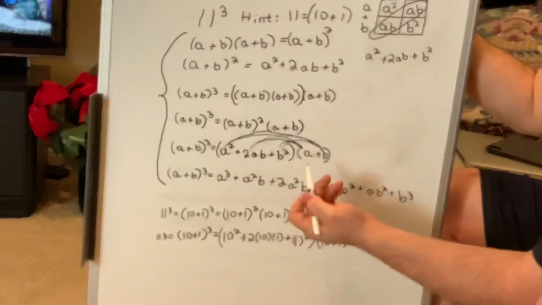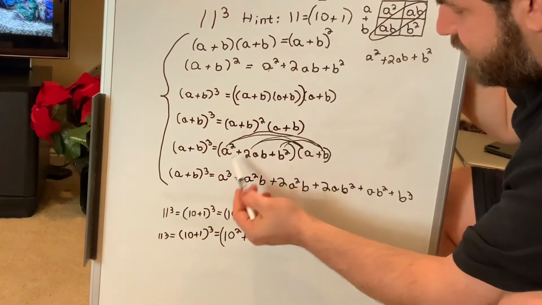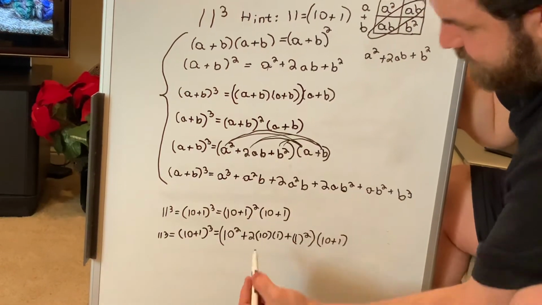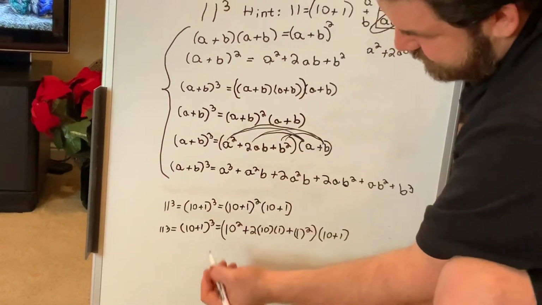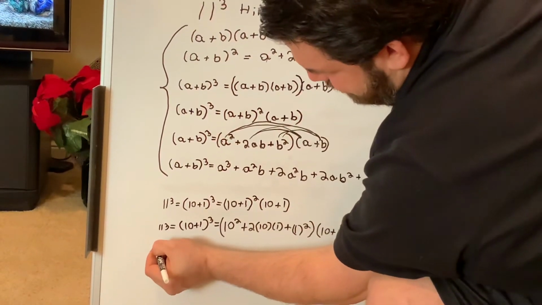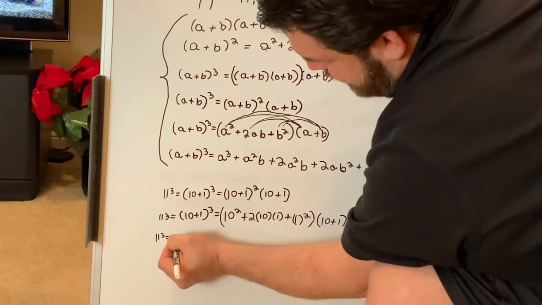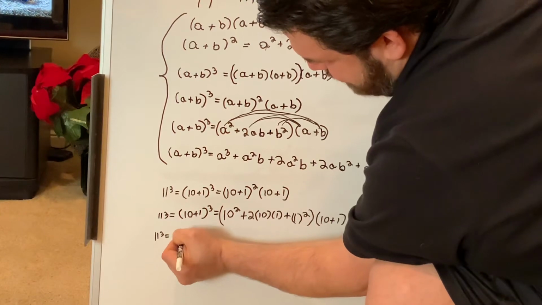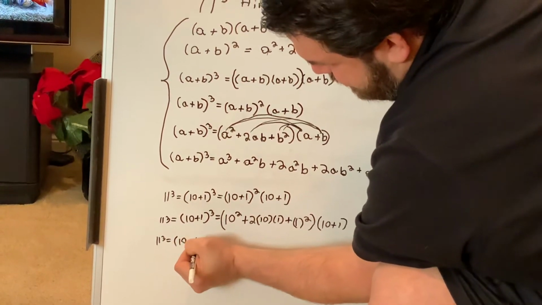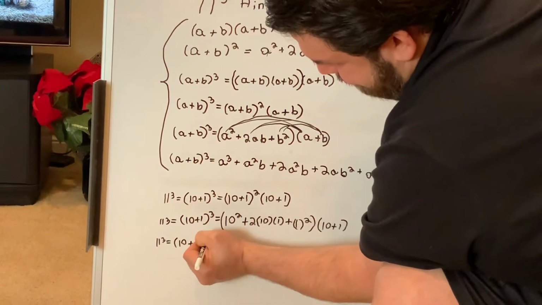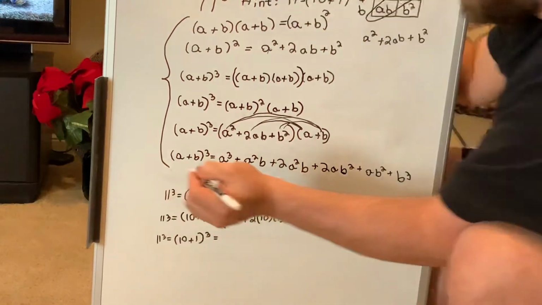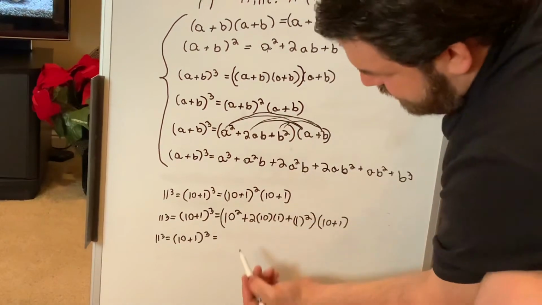Well, now we're here where we're going to do this distributive property thing. So let's do it. We're still trying to find 11 cubed, haven't lost sight of our ultimate goal. And we remember that that's just 10 plus 1 cubed. And now we're actually going to start distributing this.